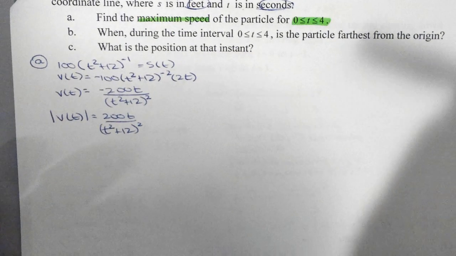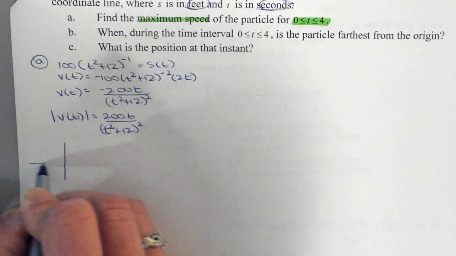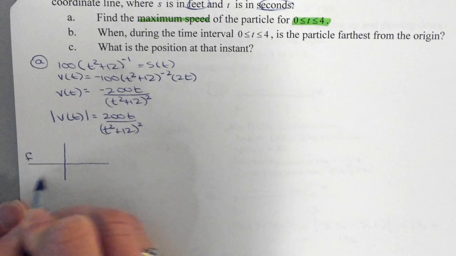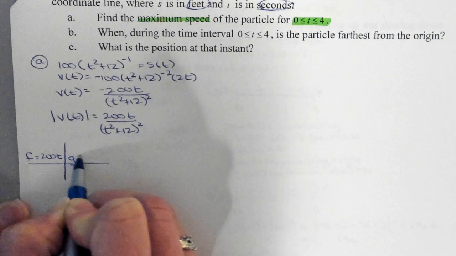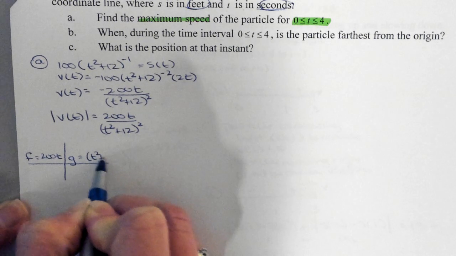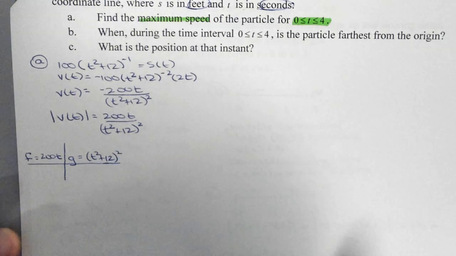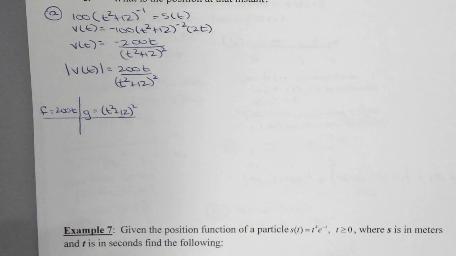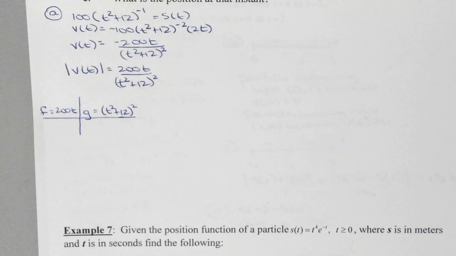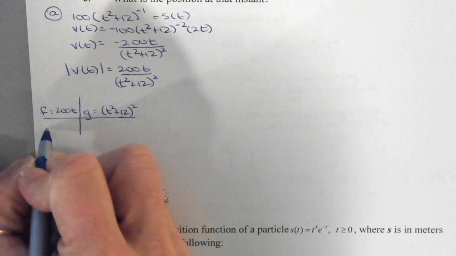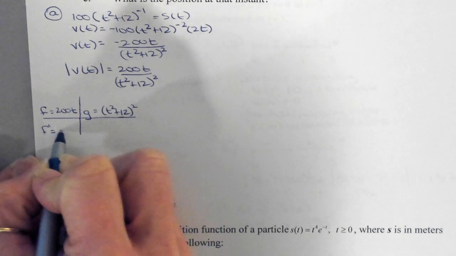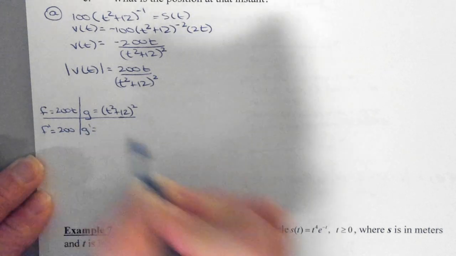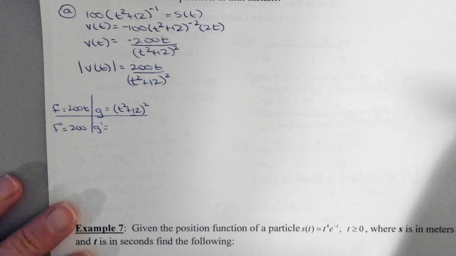I'm going to do a little bit of work right here. I'm going to call the top F and the bottom G. So F is 200t, G is the quantity of t squared plus 12 squared. Everybody know what I'm doing? Why did I do this? It's the quotient rule, right? So F prime is 200. For G prime, we have to use the chain rule.